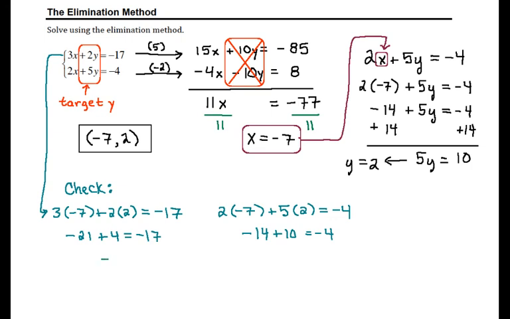And we can simplify this further to find that we get negative 17 on both sides. In this second equation, we plug in again negative 7 for x and 2 for y, and we see that we get negative 4 equals negative 4, which also does in fact check. Right, let's rewrite that.